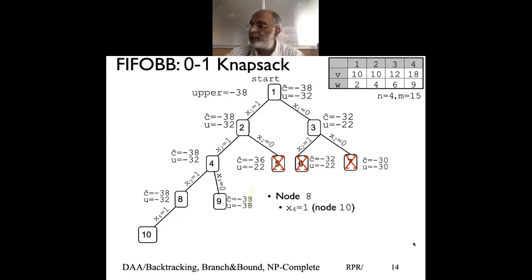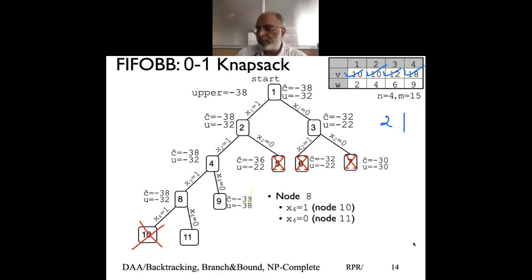Node 10 indicates I included the first item, second item, third item, and fourth item. That means my weight has become 21. So this solution is not even feasible because that exceeds my weight capacity. I can consider it, but it is not feasible, so there's no point computing C hat and U x. We don't even compute because it's exceeding my capacity.